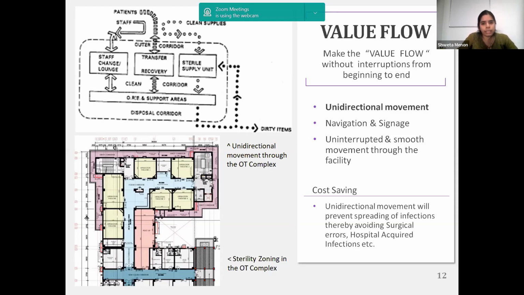It increases their stay. It makes them maybe want to file a case against the hospital itself for negligence and for causing something like this to happen. So sterility, maintaining that cleanliness, making sure that the movement is in unidirection and is through like a semi-sterile, sterile, and then exiting out also will save a lot of lives.